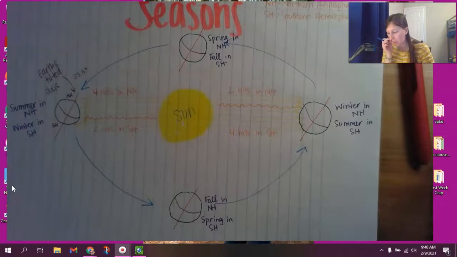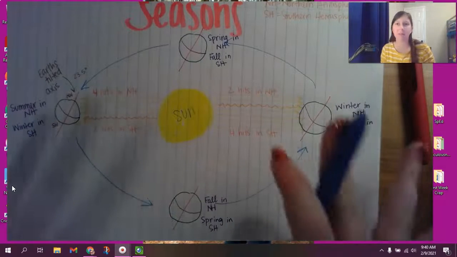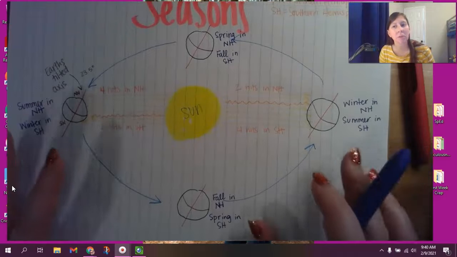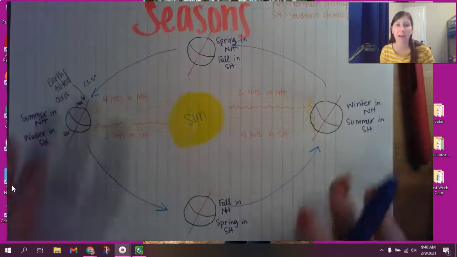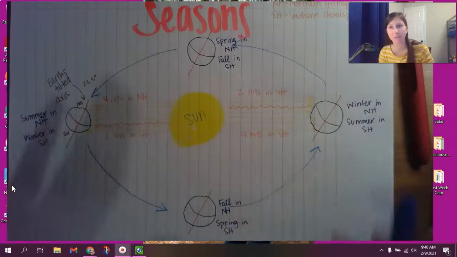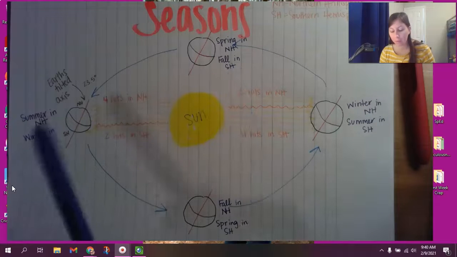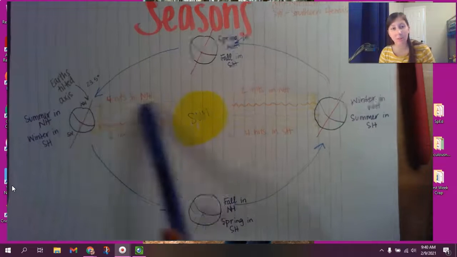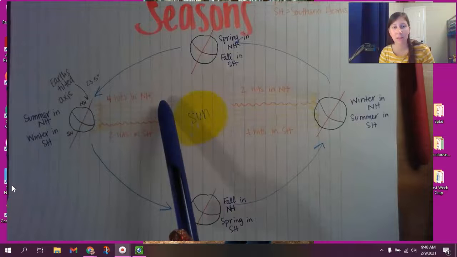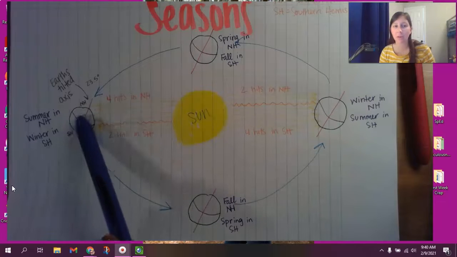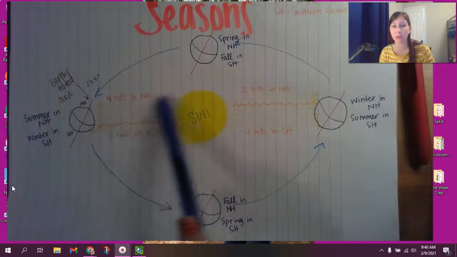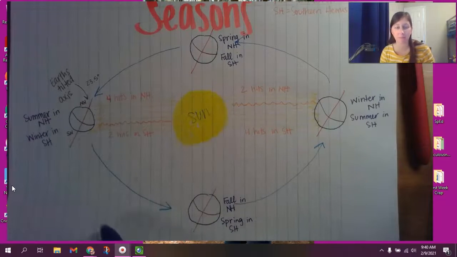So, the reason for the seasons, right? We've talked about this with our Gizmo, we've talked about it with our MOSA, and now we've got some lovely, colorful, not so beautiful notes. Remember, when the Earth is tilted toward the sun, like we've got here, it's going to be summer. So the northern hemisphere is tilted toward the sun. It's facing the sun.